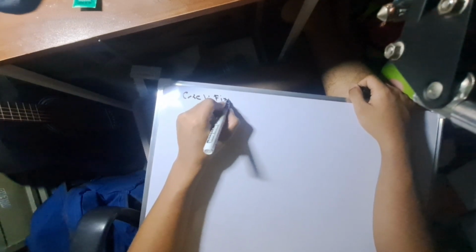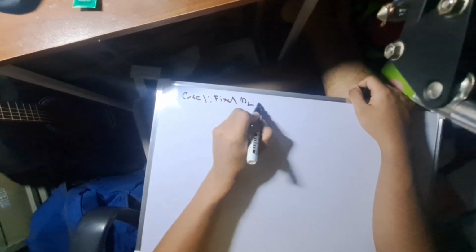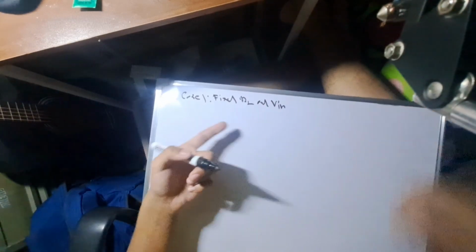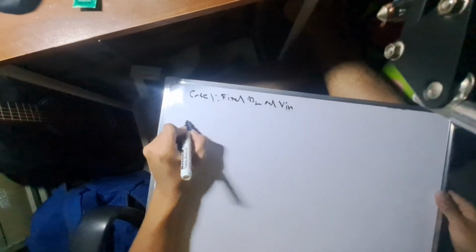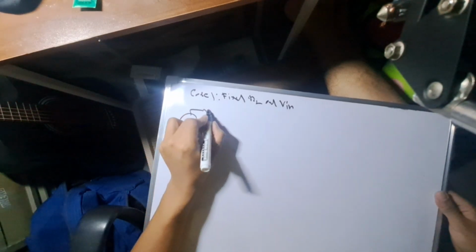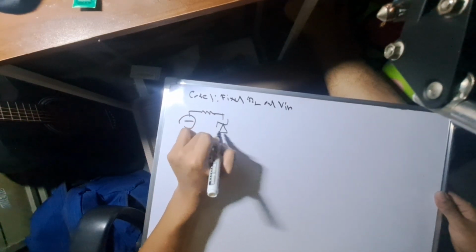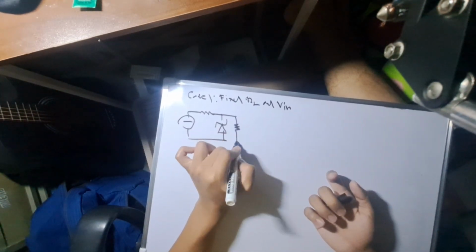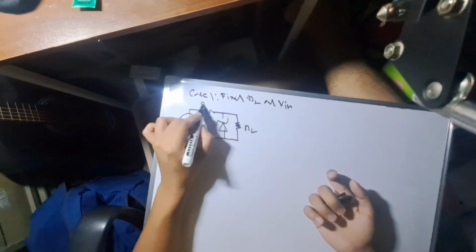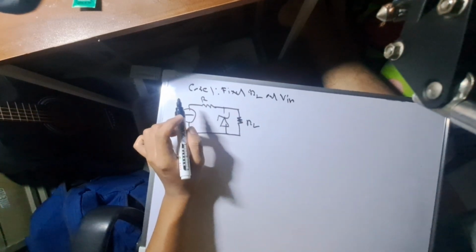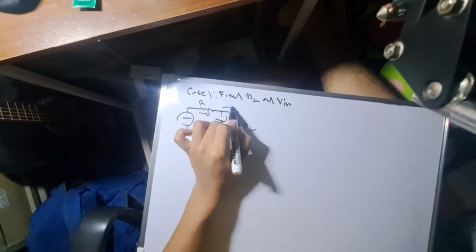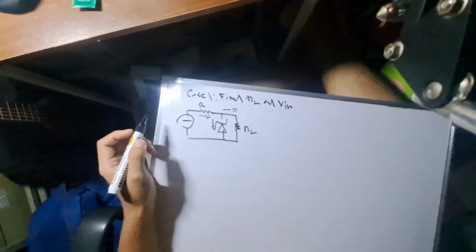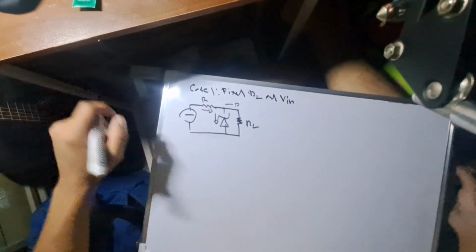So let's have continuation of case 1. Case 1, ang meron dito is fixed ang RL mo and V in mo. Hindi nag-iiba mga values na yan. So let's have this circuit. Palaging ito yung happiness niya kasi ito lang talaga ang output mo. RL, V in, and R. So paano pag pinapaharap yan yung current?